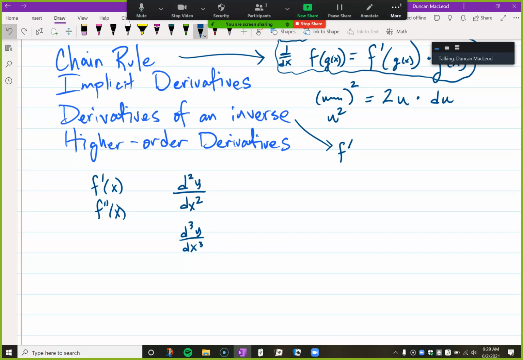In F inverse prime of, I believe we used a or c, because you only do this at an individual number. You don't generally do it for an equation. F inverse prime of c is 1 over F prime of F inverse of c?